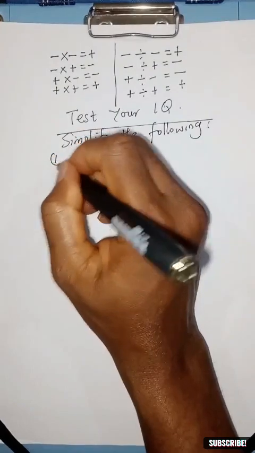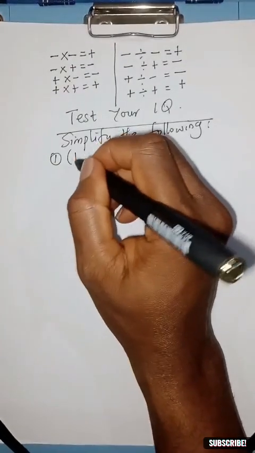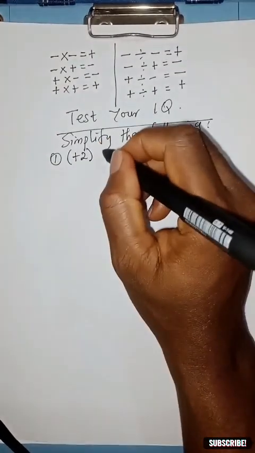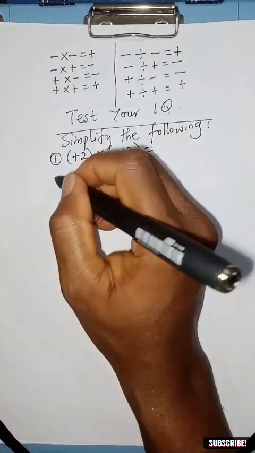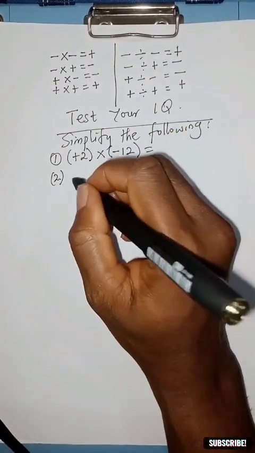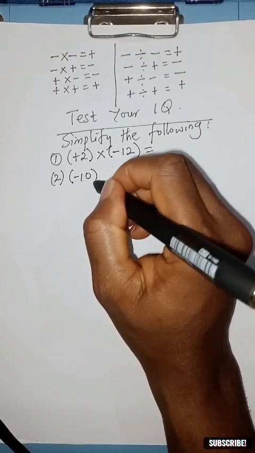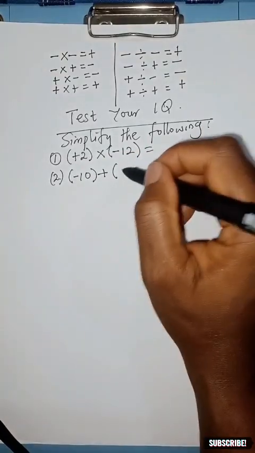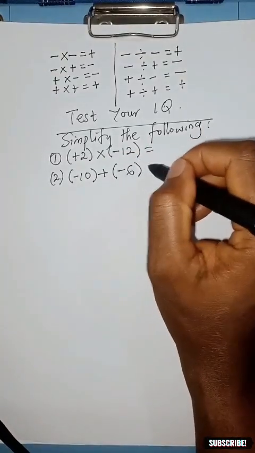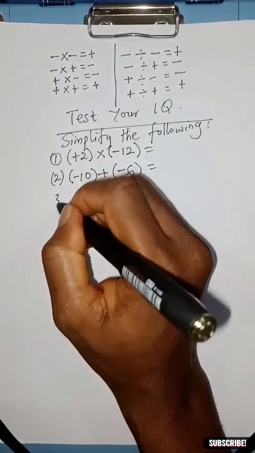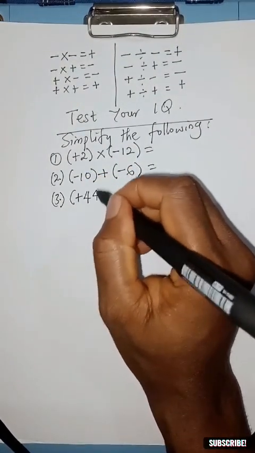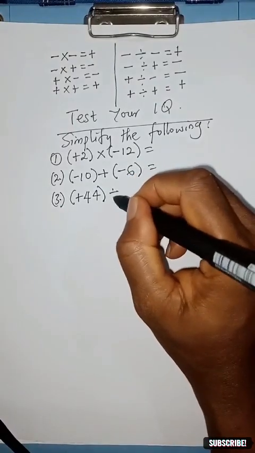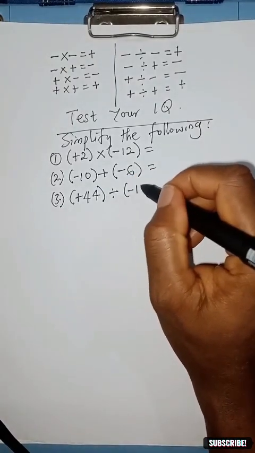The number one question, plus 2 times minus 12. Number 2, minus 10 plus minus 6. Number 3, plus 44 divide minus 11.